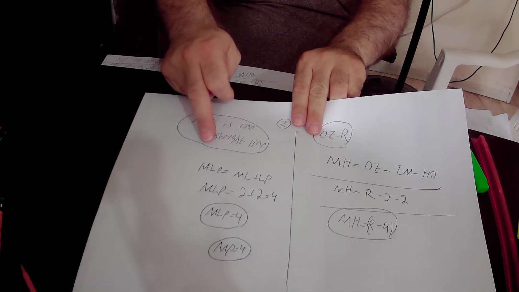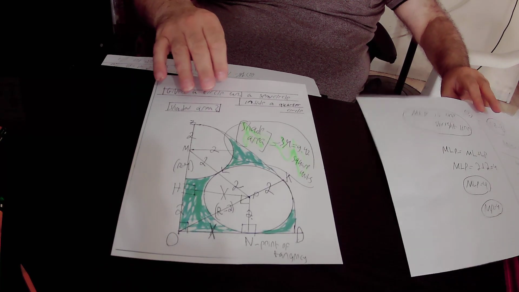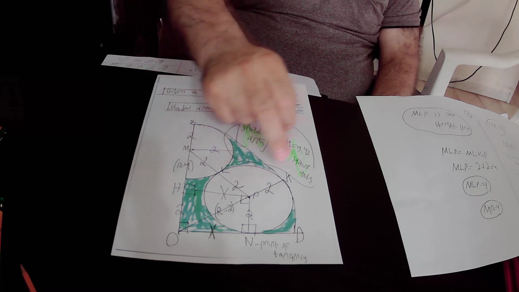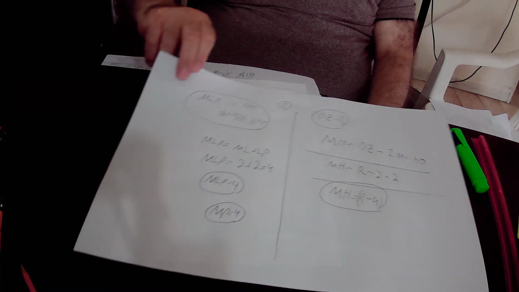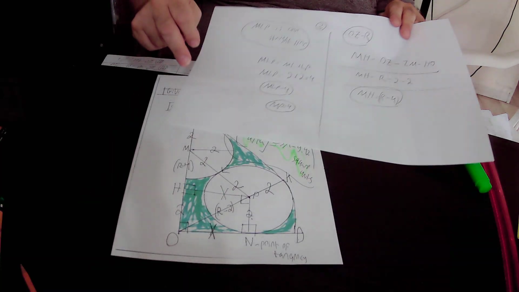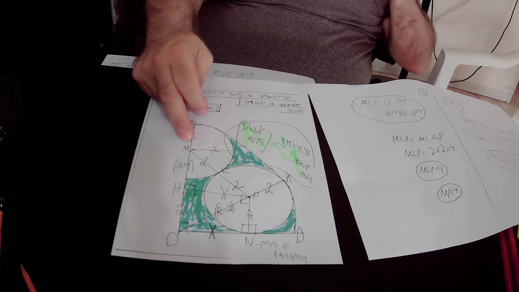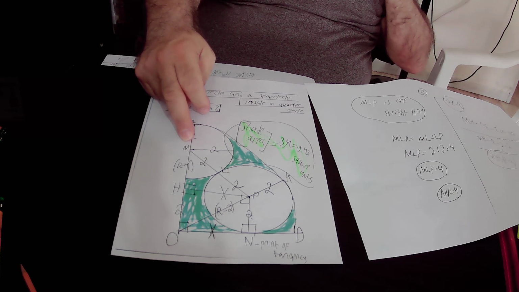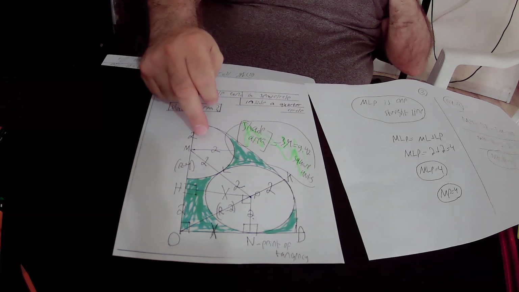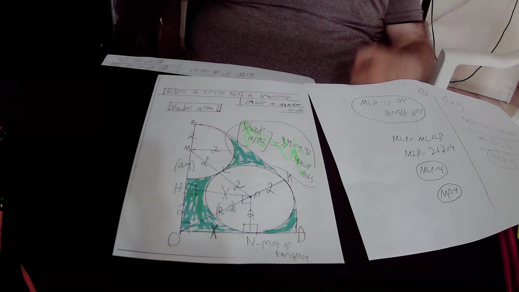So what is the length of the straight line MLP? It is equal to ML plus LP. M is the center of the semicircle and L is a point on the semicircle itself, so ML is the radius of the semicircle, equal to 2 units according to what is given in the question.